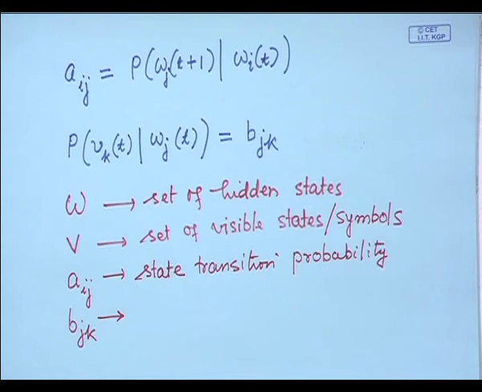So, this b j k I can also term as a state transition probability, from a hidden state to a visible state. But actually this is the probability that my hidden Markov model emits a visible symbol V k when it is in the hidden state omega j.